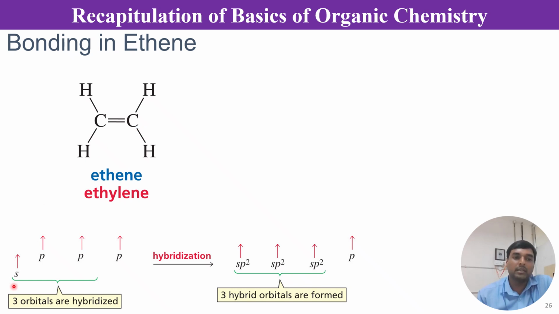So even though each carbon has 4 unpaired electrons, only 3 orbitals' electrons will be paired up because there are 3 atoms lined up to pair: two hydrogens and another carbon. So one extra electron in the pz orbital will be unhybridized, and that's why this is sp2 hybridization.